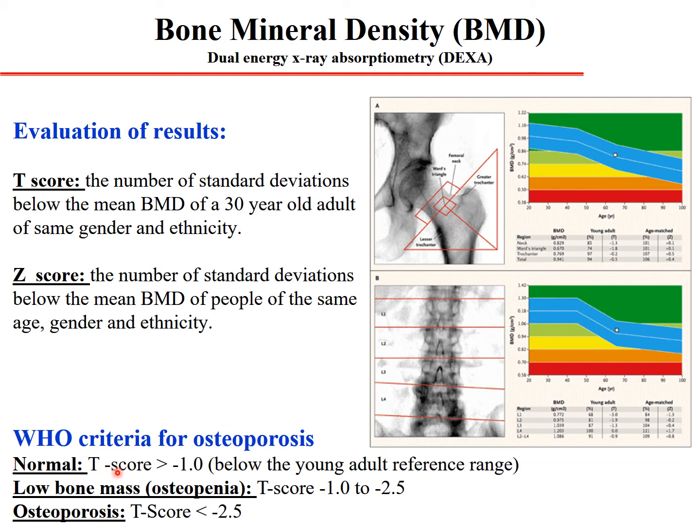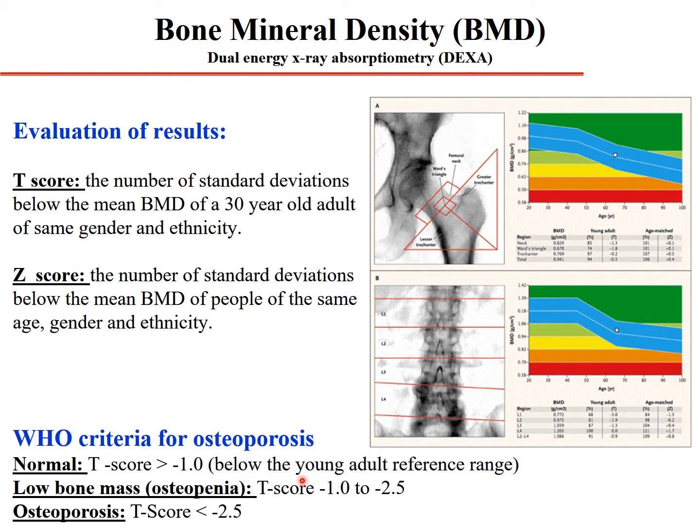The normal T-score is the mean of the BMD plus or minus the standard deviation. If the BMD is within plus or minus 1, this is not going to cause any problem.